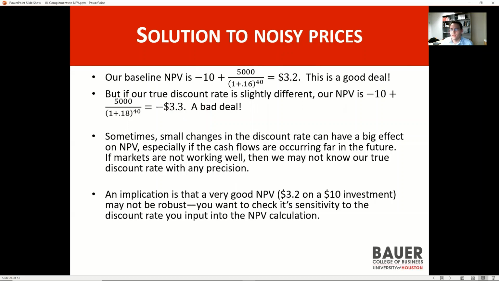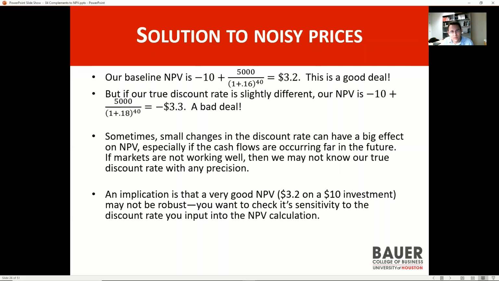So this should make you a little bit nervous now, because if you don't know exactly what your discount rate is, something that could look good from an NPV perspective could be wrong if your inputs are a little bit wrong. So an implication here is that you want to have a robust estimate of NPV. You want to have some diagnostic to tell you whether NPV is robust.